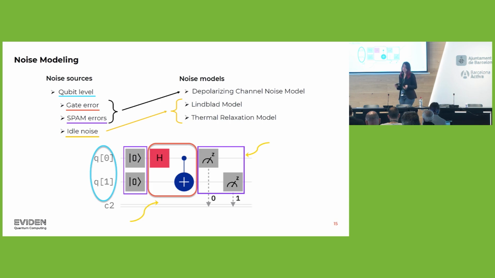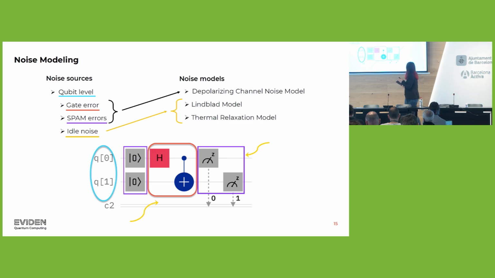At the qubit level, we have gate error in single-qubit and 2-qubit gates. The SPAM errors include state preparation and measurements. And finally, idle noise, which is focused on environmental conditions.